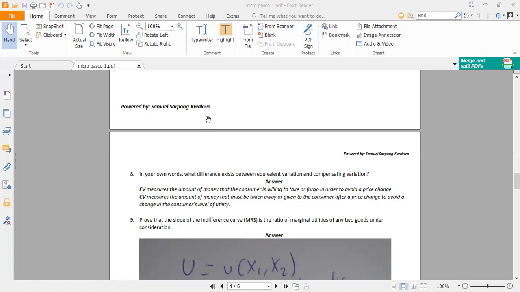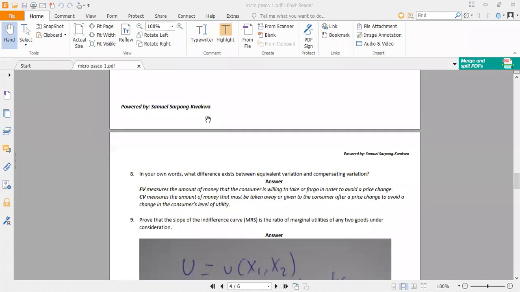So the consumer can say that, no, don't reduce price, rather give me an additional amount of money so that the effect will be the same as reducing the price level. Okay, so that is equivalent variation.